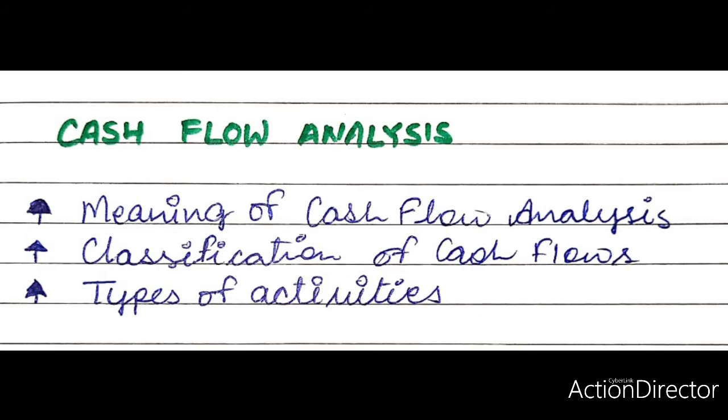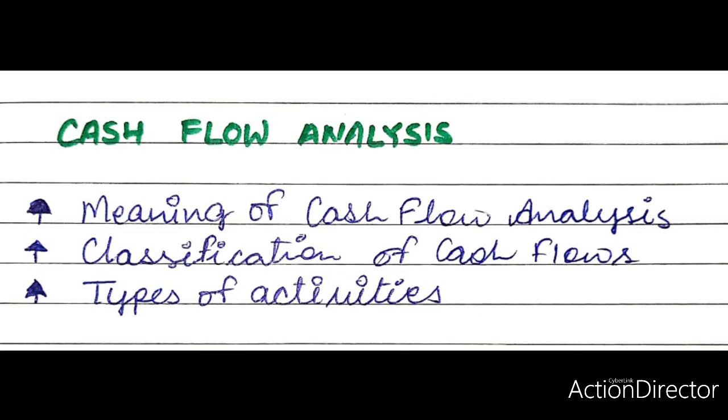Cash flows are inflows and outflows of cash and cash equivalents. Flow of cash is said to have taken place when any transaction makes changes in the amount of cash and cash equivalents available before happening of the transaction. If the effect of transaction results in the increase of cash and its equivalents, it is called an inflow or source, and if it results in the decrease of total cash, it is known as outflow or use of cash.